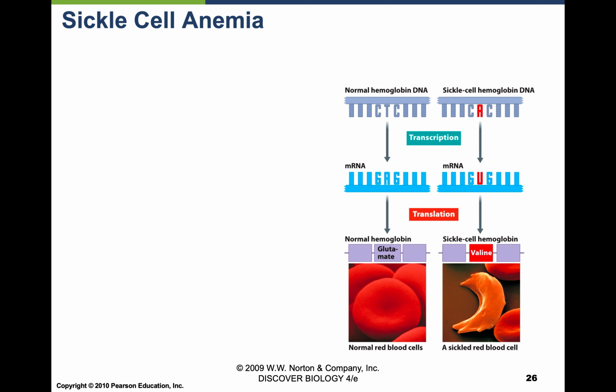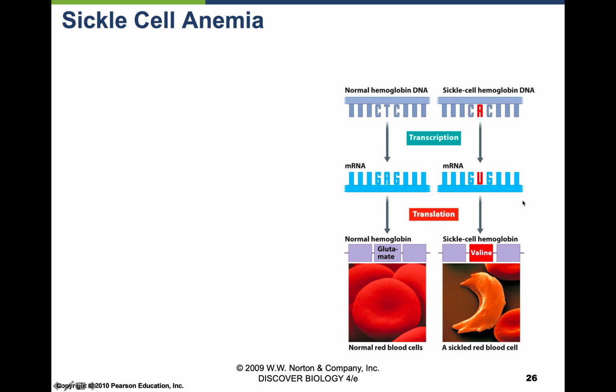And what happens is you have this single change here where instead of getting this healthy looking, quote-unquote normal hemoglobin here with the amino acid glutamate, you actually get what we call sickle cell shaped hemoglobin because you have a valine.